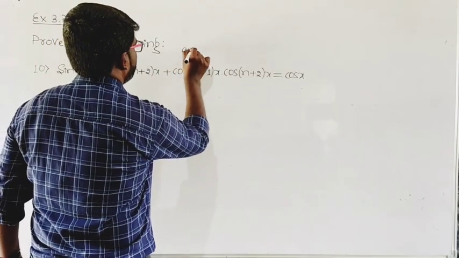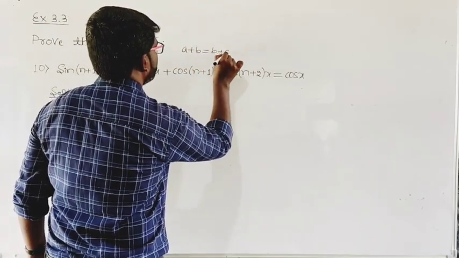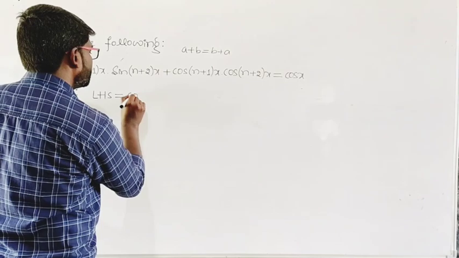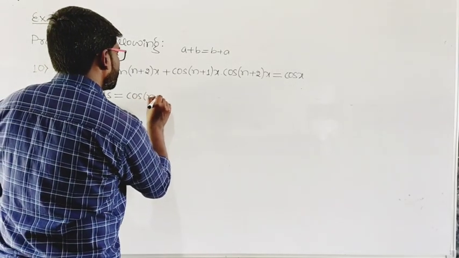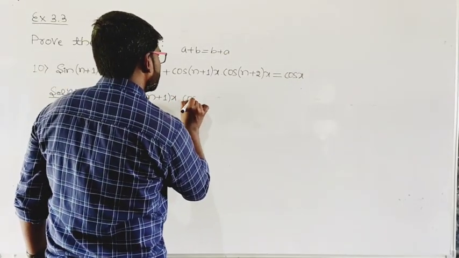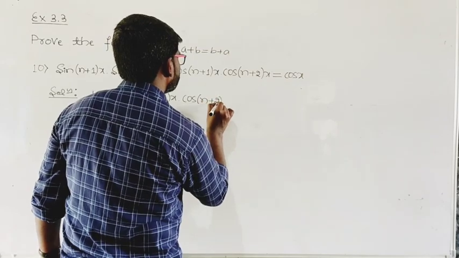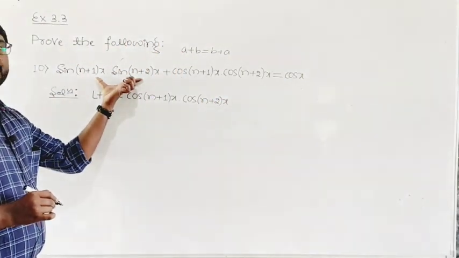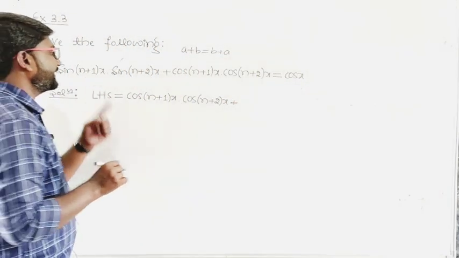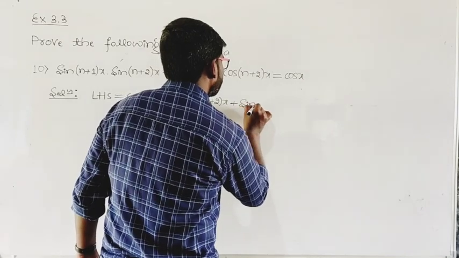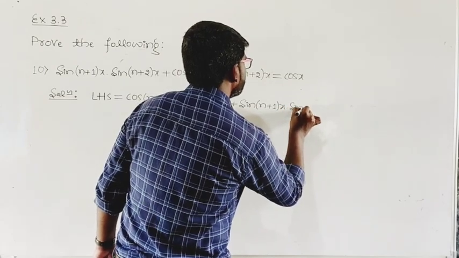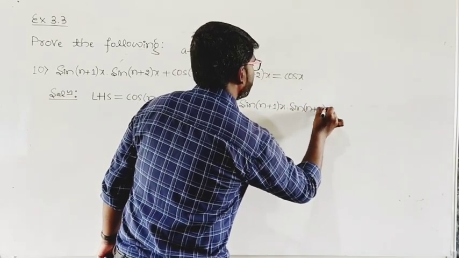See here, a plus b is equal to b plus a. So now cos((n + 1)x) into cos((n + 2)x), plus sin((n + 1)x) into sin((n + 2)x).